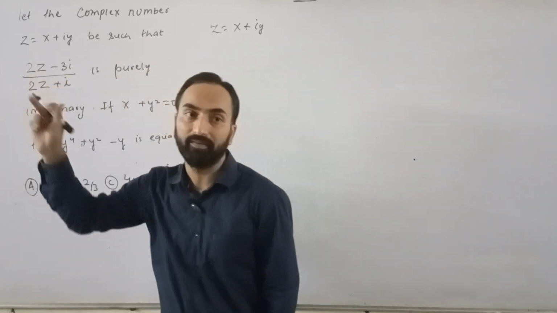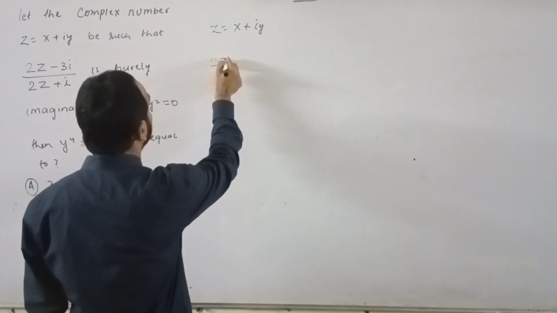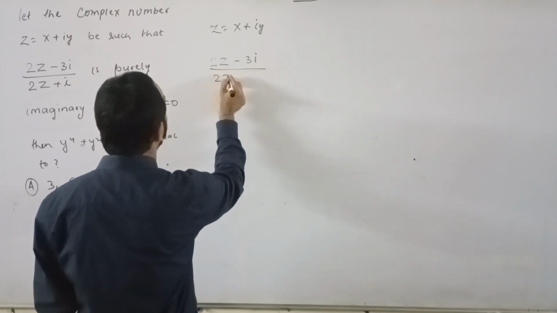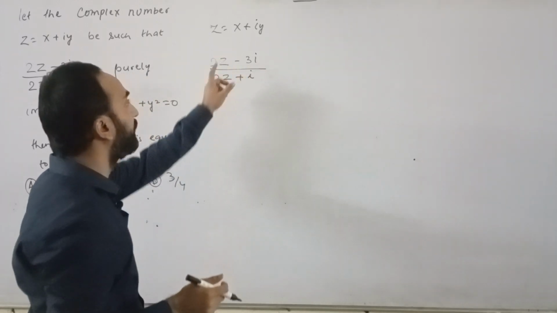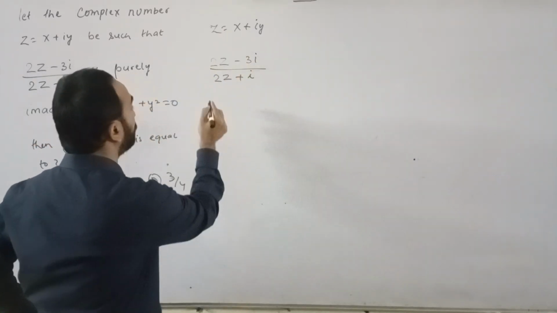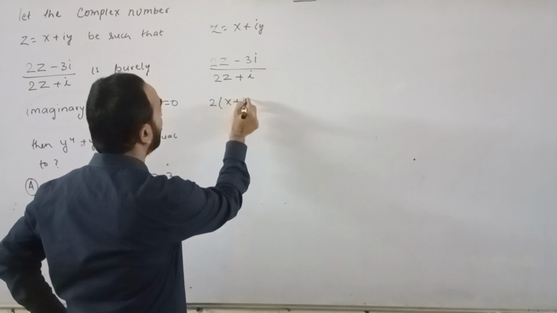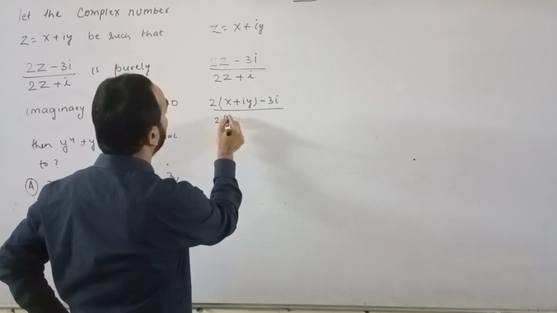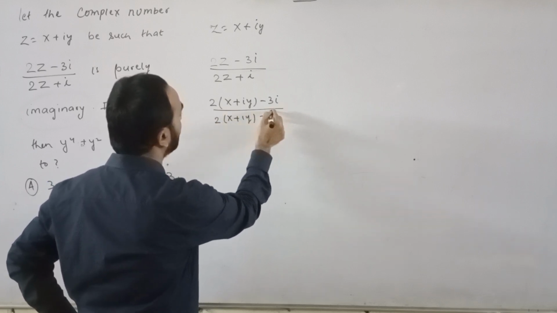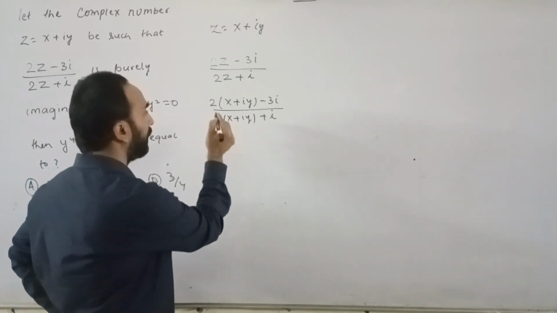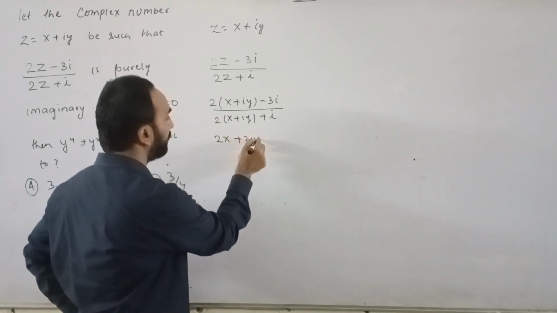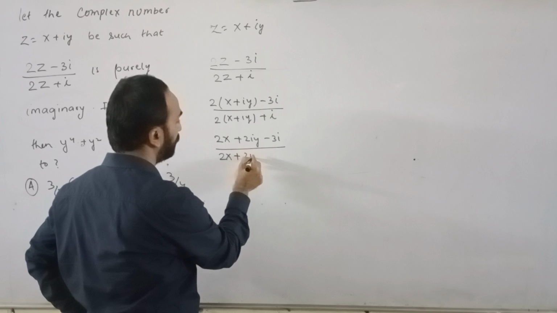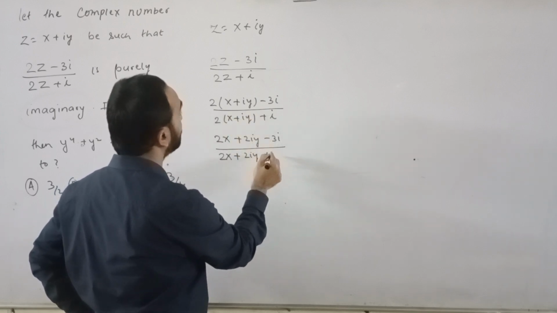So the first thing we will do is write (2z − 3i)/(2z + i), and in the place of z we will replace x + iy. That gives (2(x + iy) − 3i)/(2(x + iy) + i). Now expanding, it becomes (2x + 2iy − 3i)/(2x + 2iy + i).